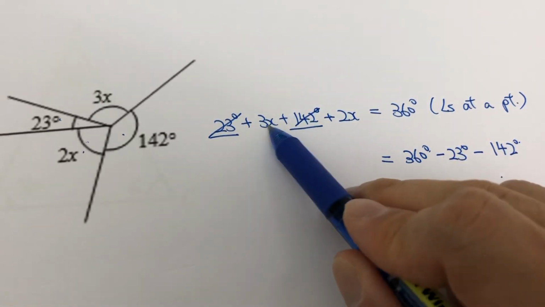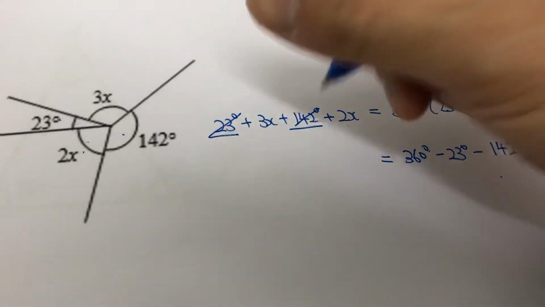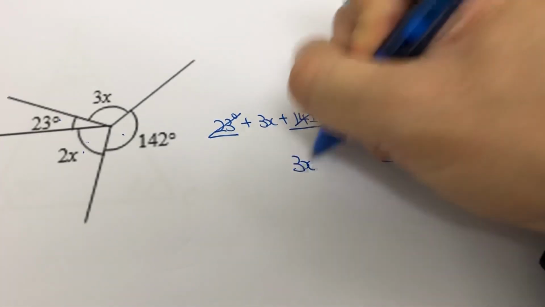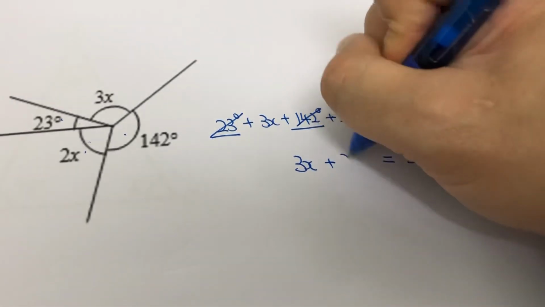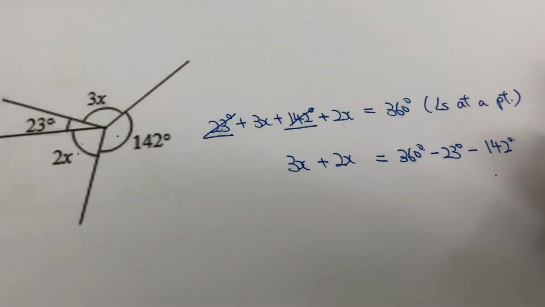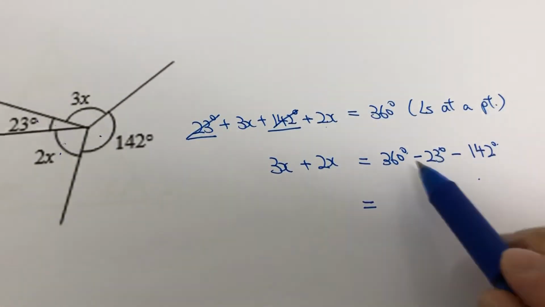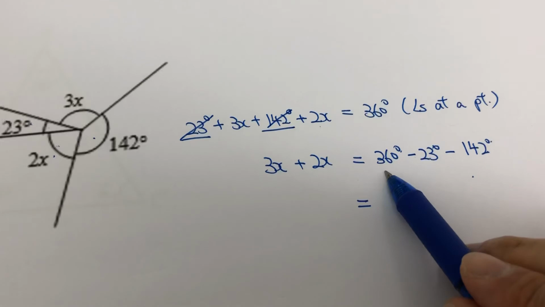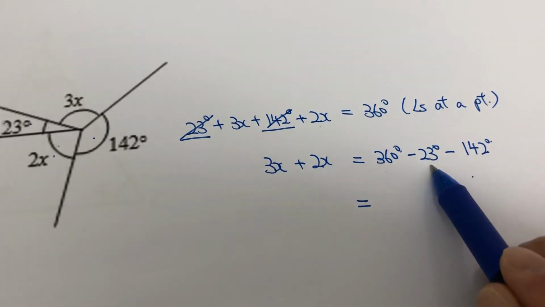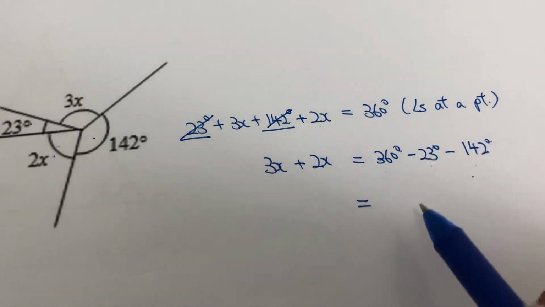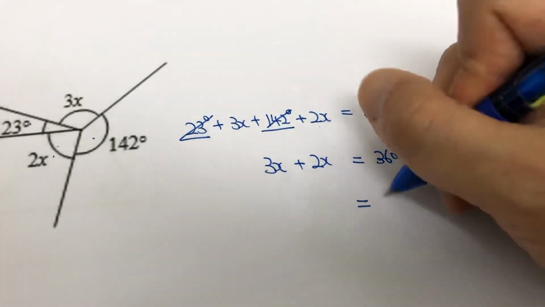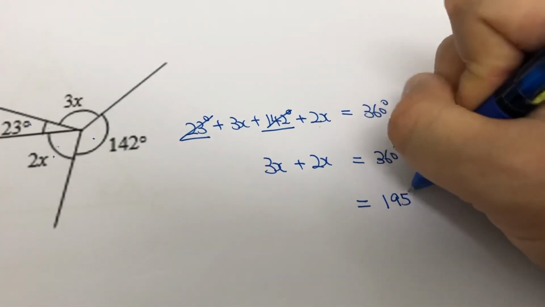Then we have 3x and 2x left behind. Let's copy down. For the left hand side, we still have 3x positive and positive 2x. Now, let's deal with the numbers. 360 minus 23 minus 142. According to the calculator, it becomes 195 degrees.